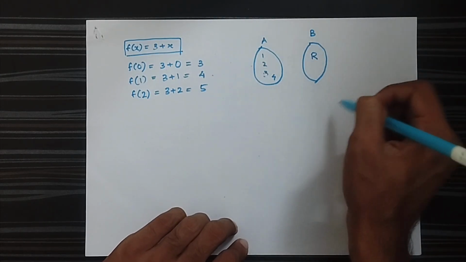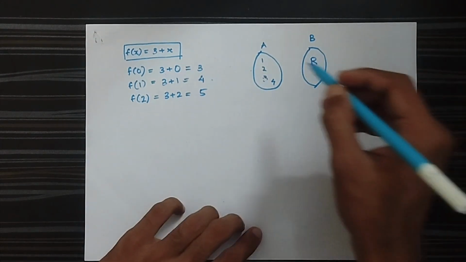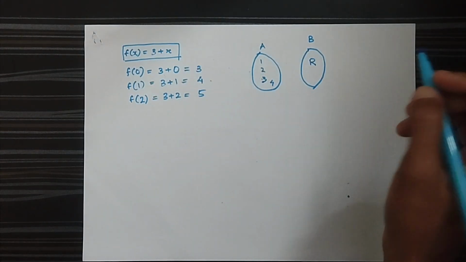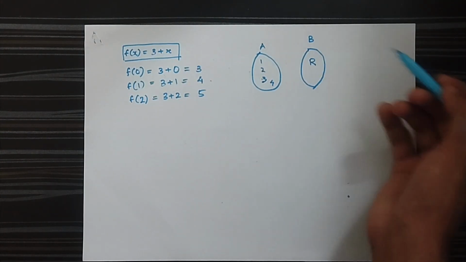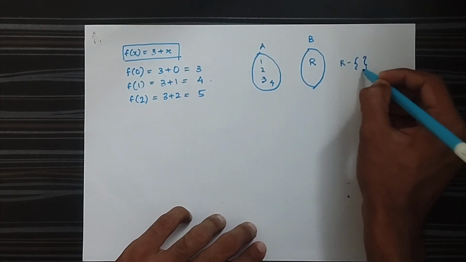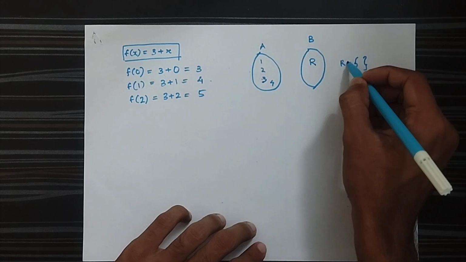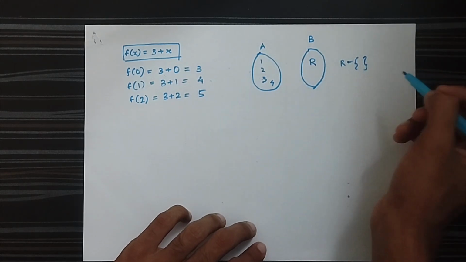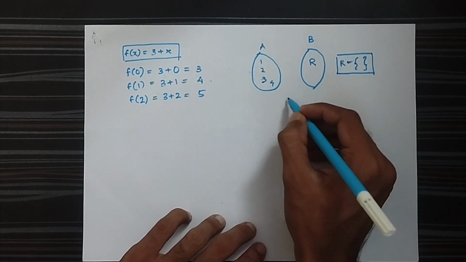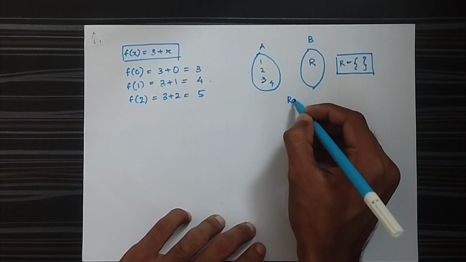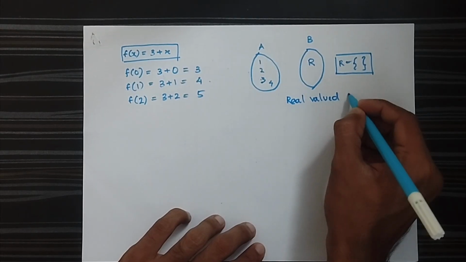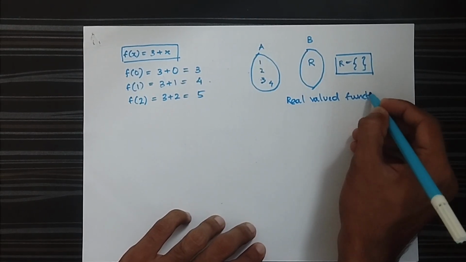So B consists of all the real numbers on the number line. So a function where we have codomain as R or one of its subsets, that can be R minus some set. So R minus any set would be a subset of R. So this can also be its codomain. Any function like this would be termed a real valued function.